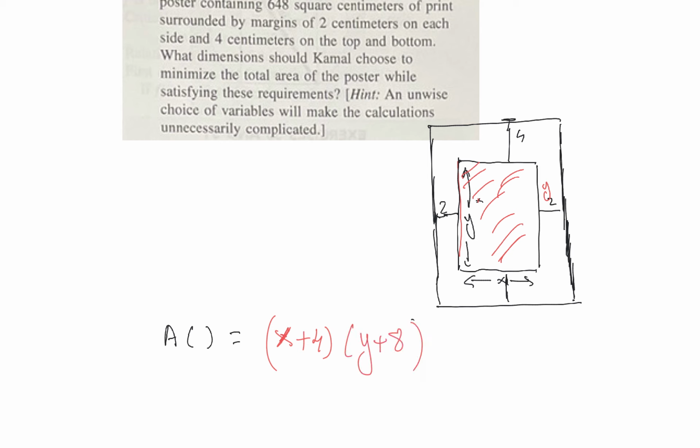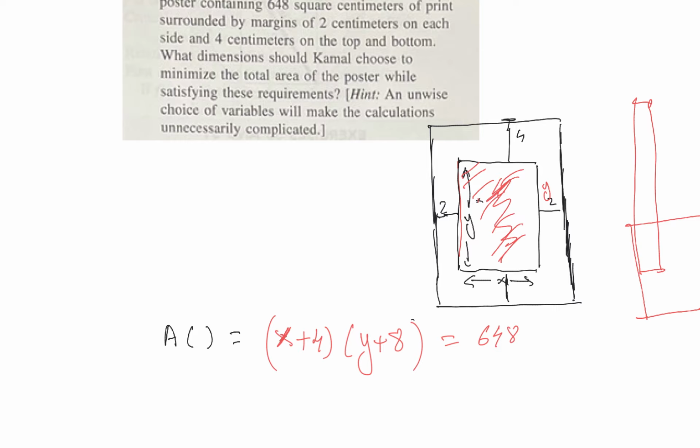So the area will be x plus 4 multiplied by y plus 8. So I need to find what will be x and y. What is the dimension of this red area here? Should it be like this, x and y, or should it be more x and less y? And the total area here has to be 648.